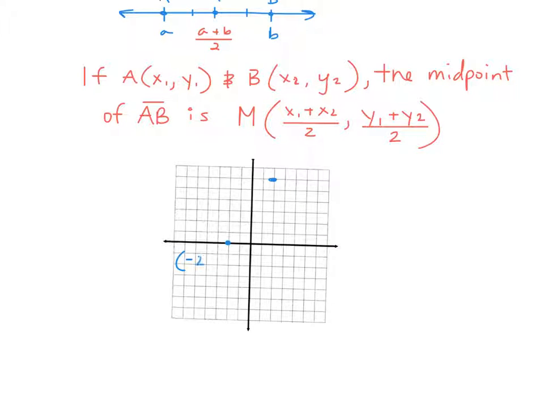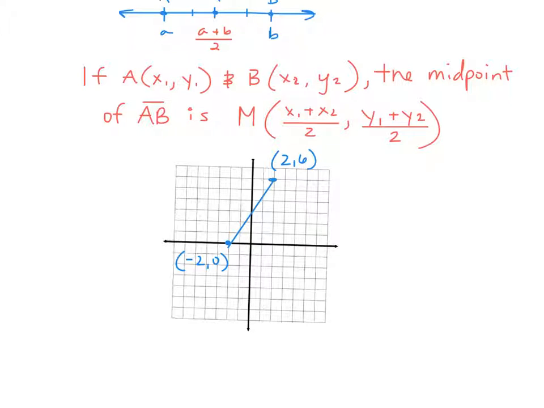Okay, so this is -2, 0. This is 2, 6. You don't even need to necessarily take notes on this. I just want you to see what we're talking about so that it's making sense to you. So if this is my segment, I'm just going to draw the line in so we can see it a little better.